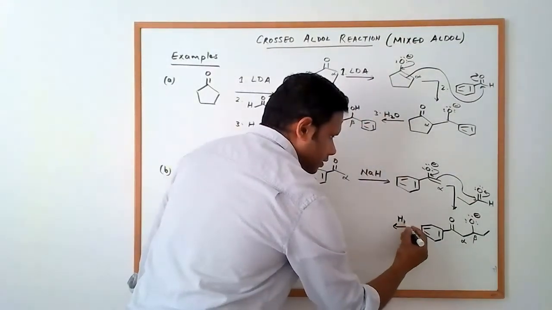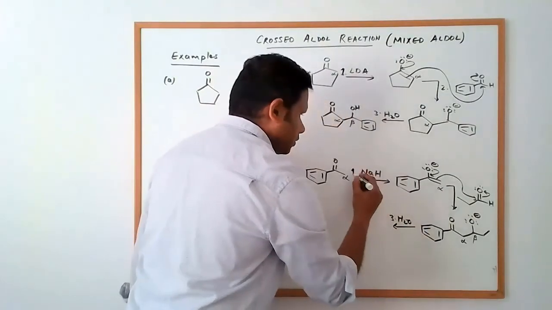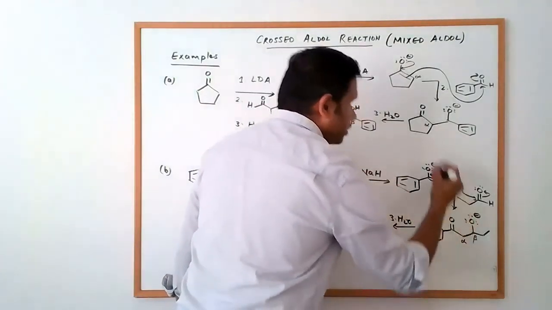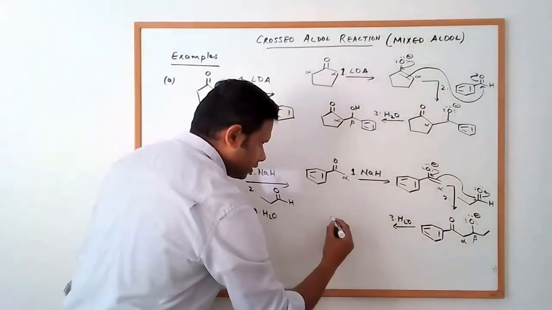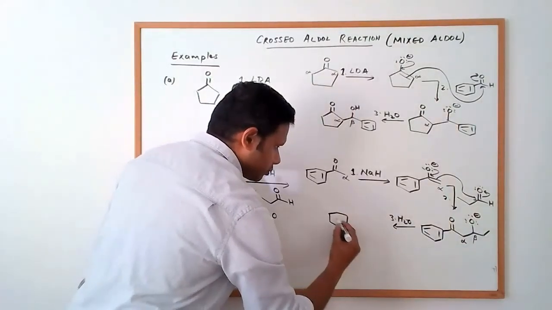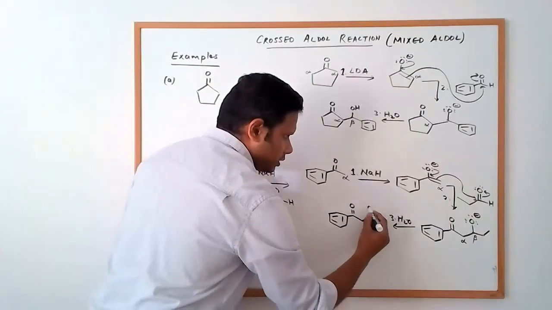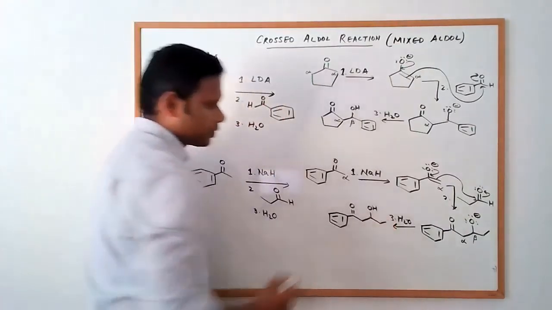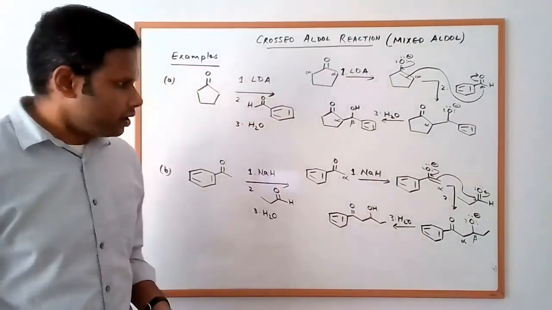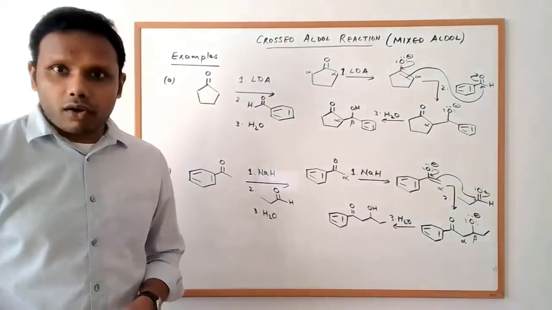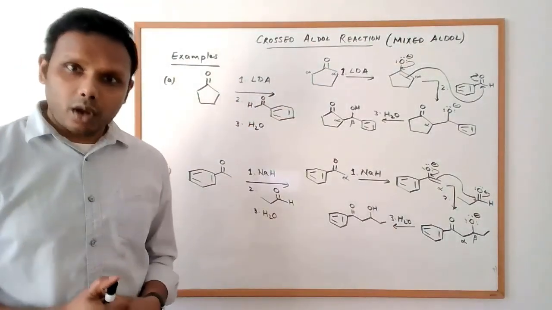And then finally, when we do the water workup, which was the second step there, we basically get our product, which is a beta hydroxy ketone. So that will be our product. Those are some examples of crossed aldol condensations.